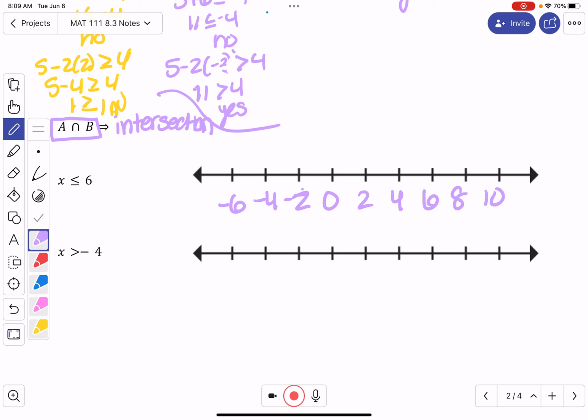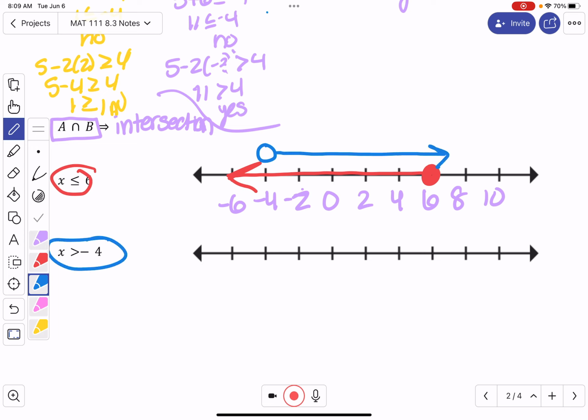Okay, so I'm going to graph x is less than or equal to 6. I put a closed circle and point the arrow that way because it's less than. If I were to graph x is greater than -4, I would put an open circle and the arrow that way. Each of those is separate. If I had an "and" between those, the intersection is only where they're both true.